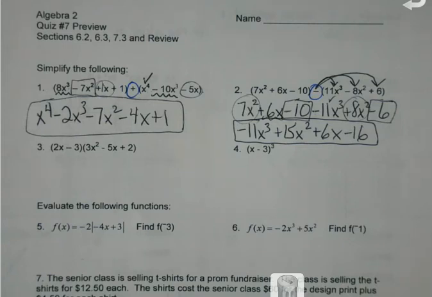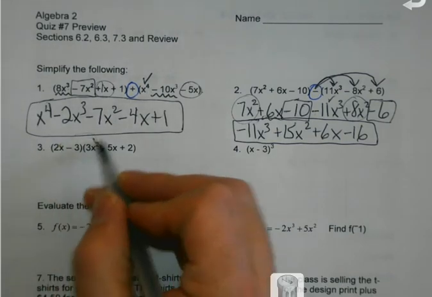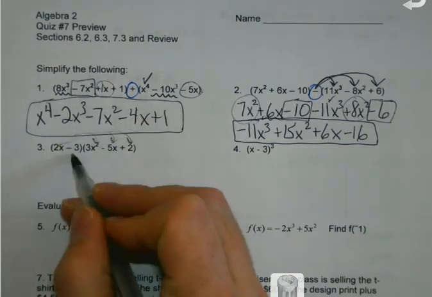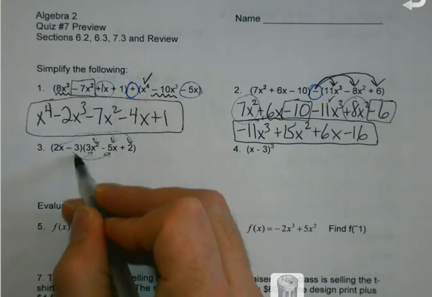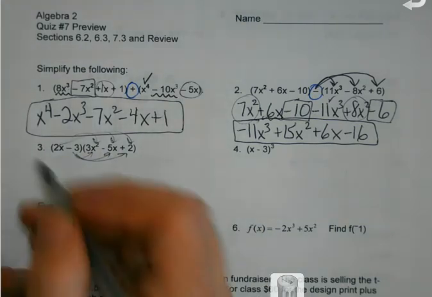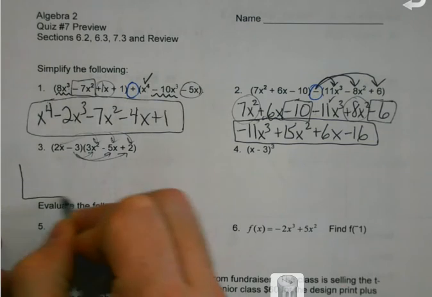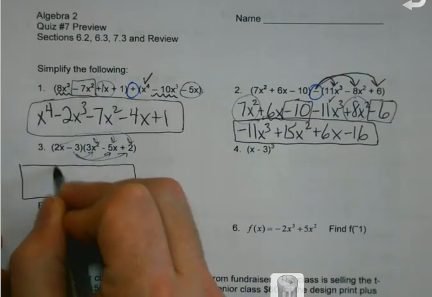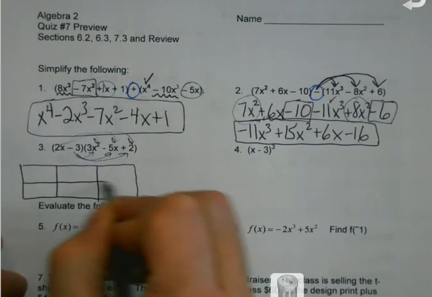Now, for those of you that have just been itching to multiply, now is your chance. Now, on number 3, we talked about 2 different ways you can do this. You can do the old distributive way where you distribute, distribute, distribute, and then you come down here and you distribute, distribute, distribute. That's fine. But we tended to find with some of you that organizing things a little bit wasn't a bad idea.